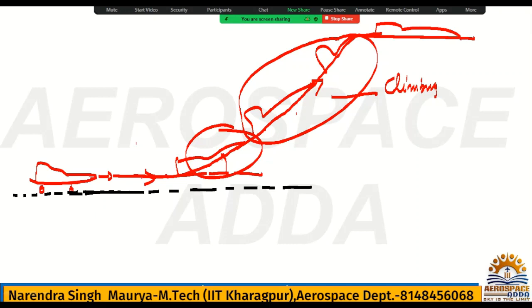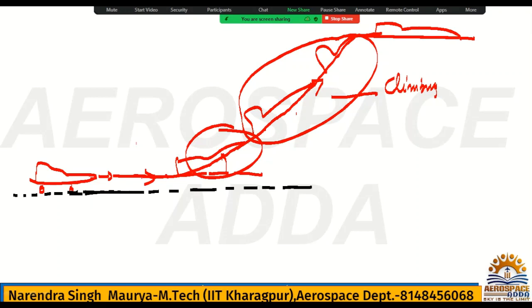This will happen in vertical in the flight condition even when it is flying at some altitude, not always on ground. I'm explaining for the ground so that you can feel that first the aircraft will run horizontally on the runway, and then it will climb. But it can happen at any altitude, 3 kilometers, 4 kilometers, 5 kilometers.